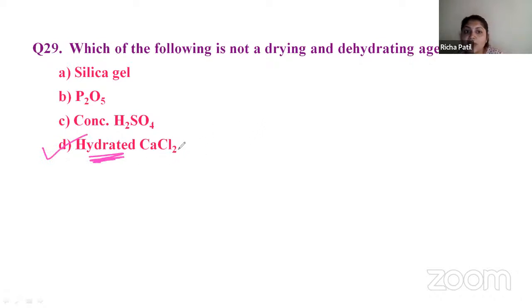If you want to use it as a dehydrating agent, it should be anhydrous calcium chloride, not hydrated. It should be anhydrous, then only it can absorb your water molecules.